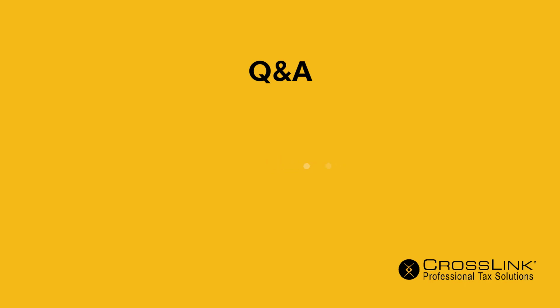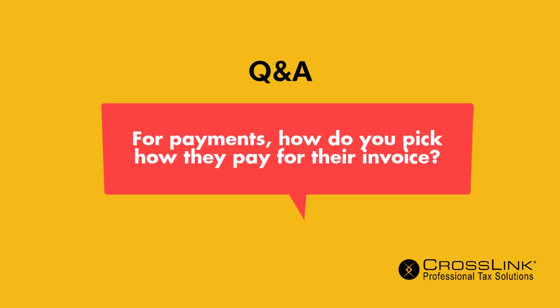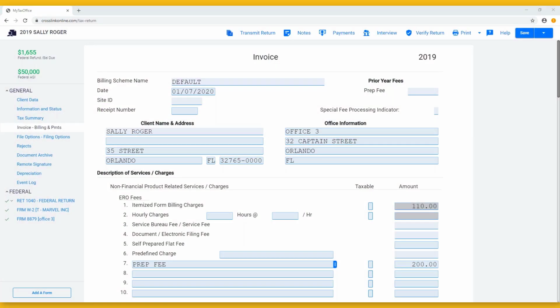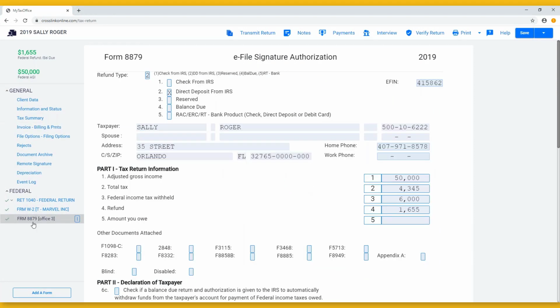And then for payments, how do you pick how they would pay their invoice, basically? Okay. So there's two ways basically. On your 8879, that's how you have to determine how you're filing.